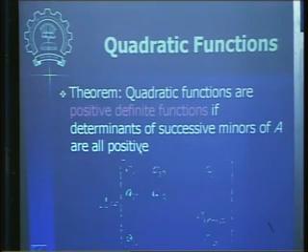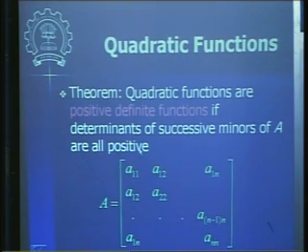You have this matrix A, you take its first minor, which is formed by only the first element A11. Its determinant is just this element itself, and it should be positive. Now let's take the next minor.